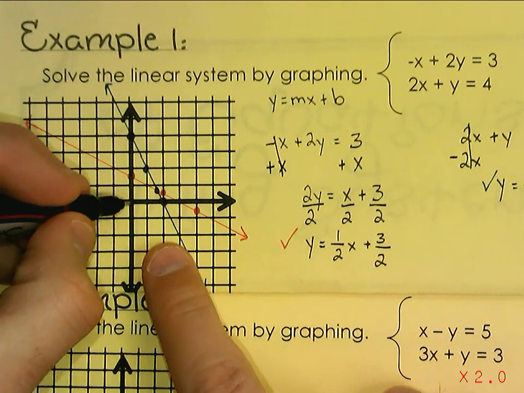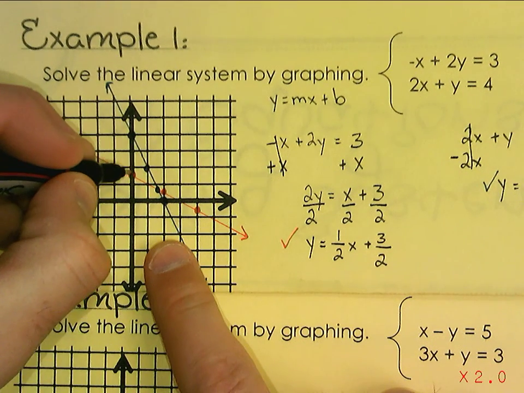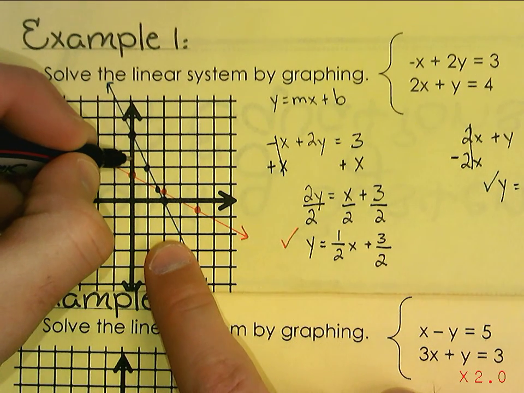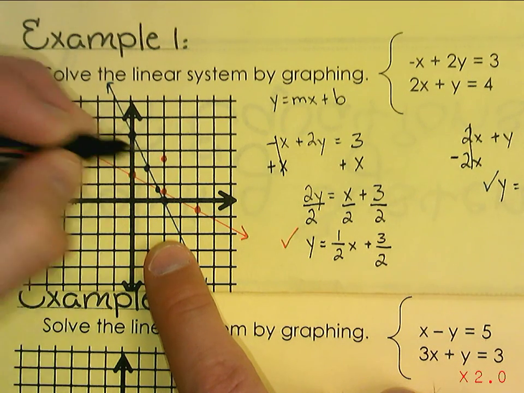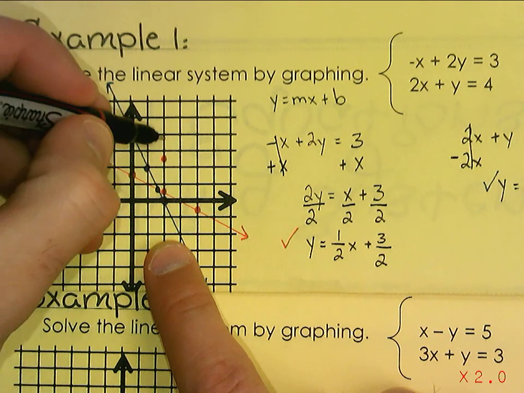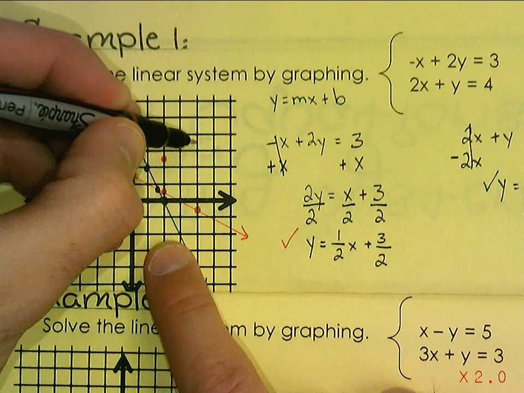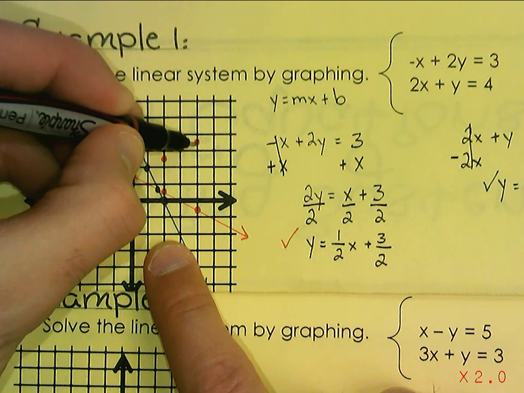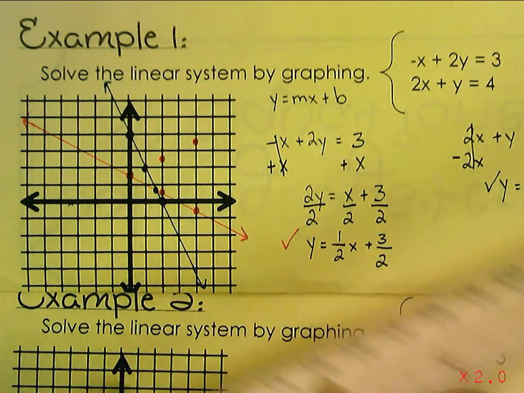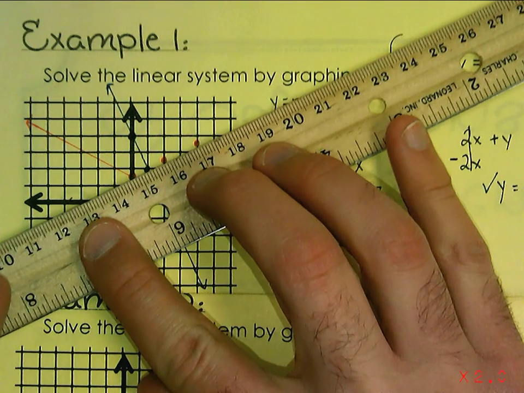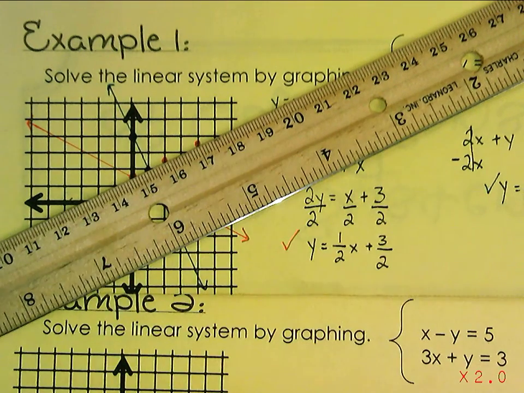So still at 3/2, which is 1.5, and we need to go up 1 and over 2. So we'd be at 2.5, then we go up 1 to 3.5 and over 2. So I made a mistake as well. I do apologize. So our actual red line is going to go this way.